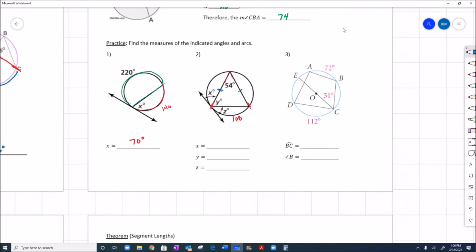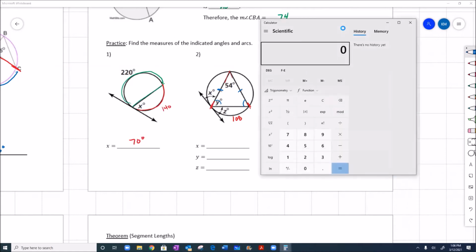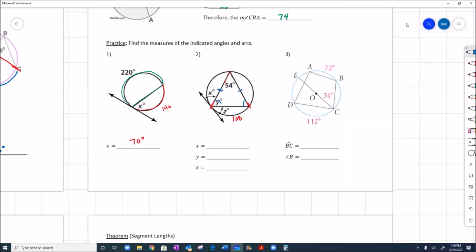That's what they told us. And so these two base angles should be the same. 180 minus 54 gives us 126, divided by 2. Each of those base angles is 63 degrees. So y is 63.